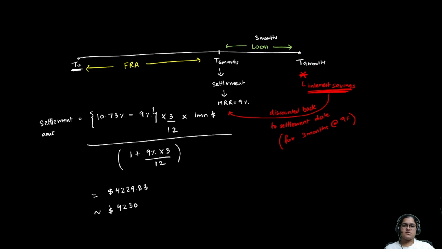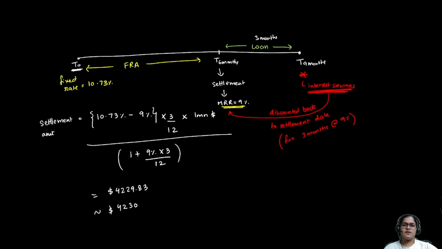Very simply put, this is very, very simple to understand. Your fixed rate was how much? 10.73%. Correct? Your fixed rate was 10.73%. Your floating rate turned out to be 9%. Okay, so the fixed rate payer will pay 10.73%.